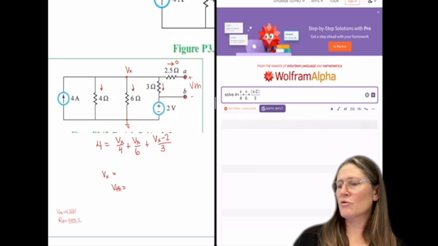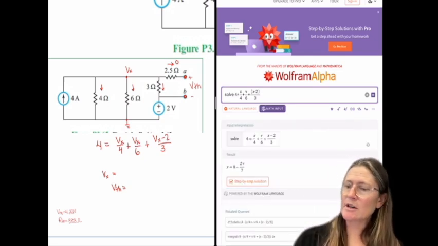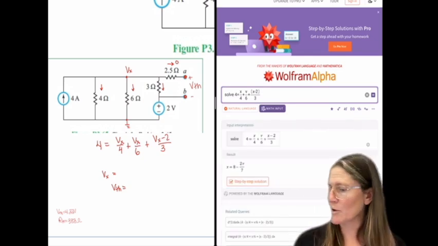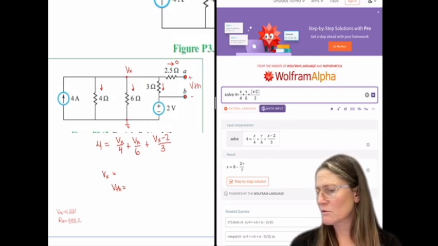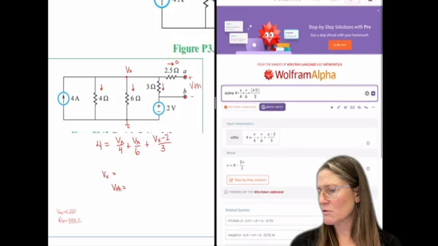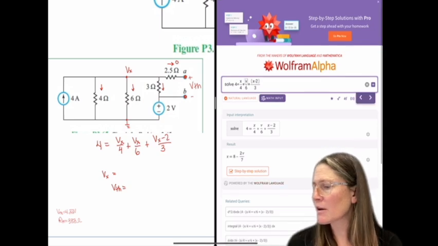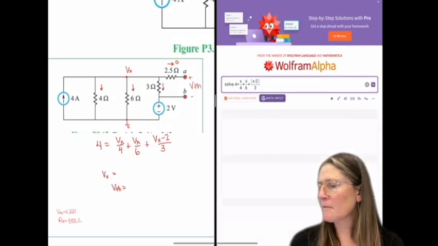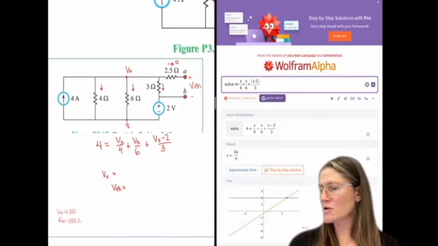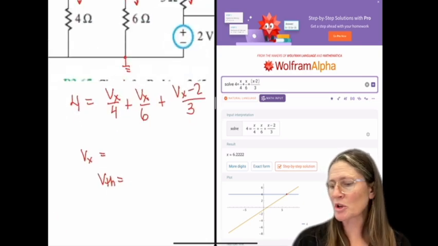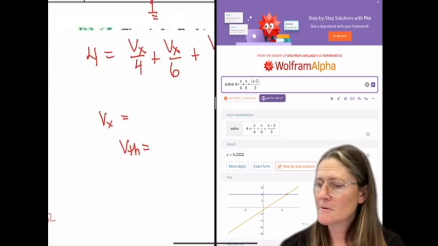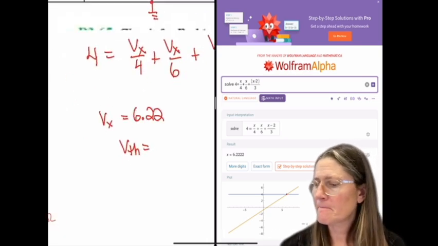And there's no current going through the 2.5 ohms. All right. Okay, so 6.22 volts.